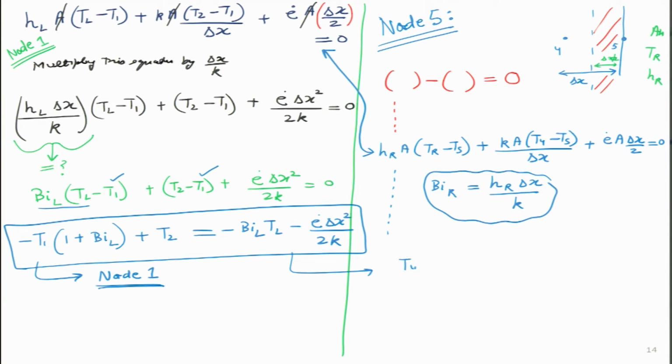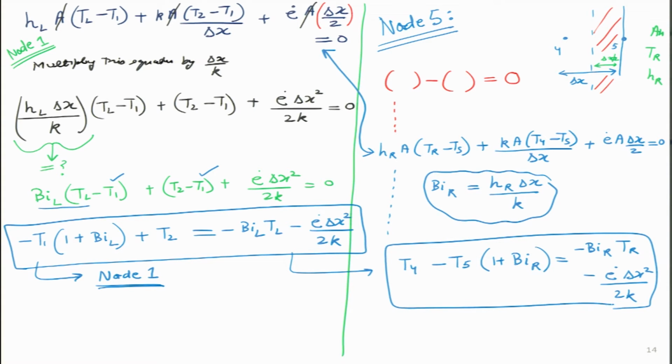Over here it will be T4 minus T5 (1 plus BiR) equals, taking everything on the right side, minus BiR Tr minus E dot delta x square by 2K. Let me put a boundary on this equation as well, and I will write that this is for node number 5.